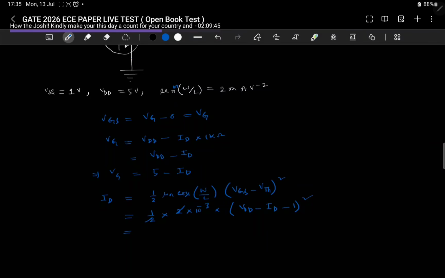As we have taken ID in milliamperes, we may just bypass this.